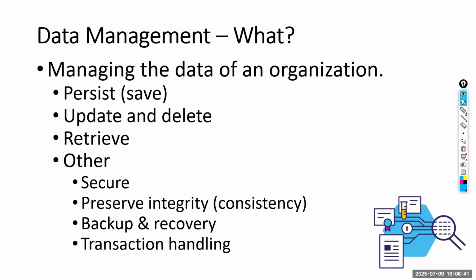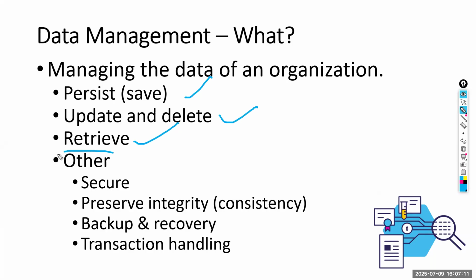So this involves save or persist data, update and delete data, retrieve saved data or information. Sometimes retrieve, process and show it as a report. Sometimes processed data is also saved. So those are the three key aspects: save, update and delete, retrieve.